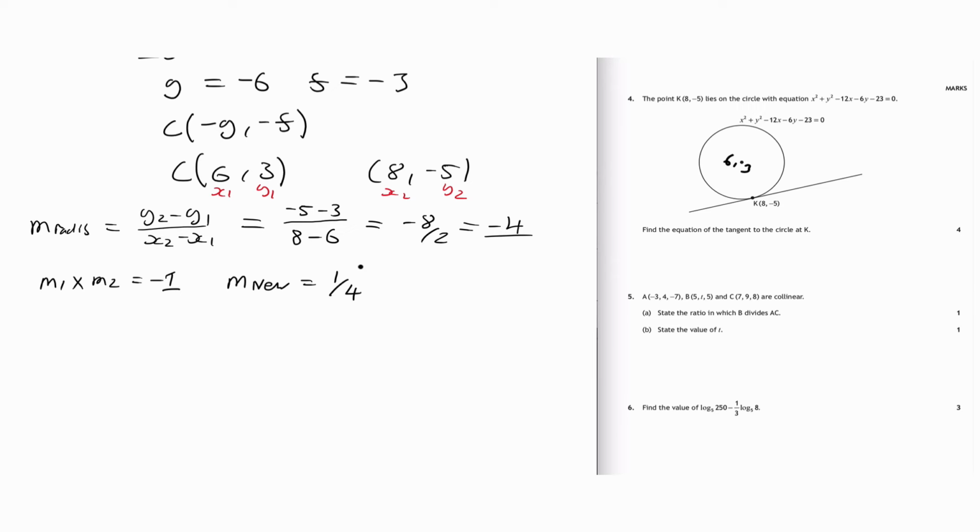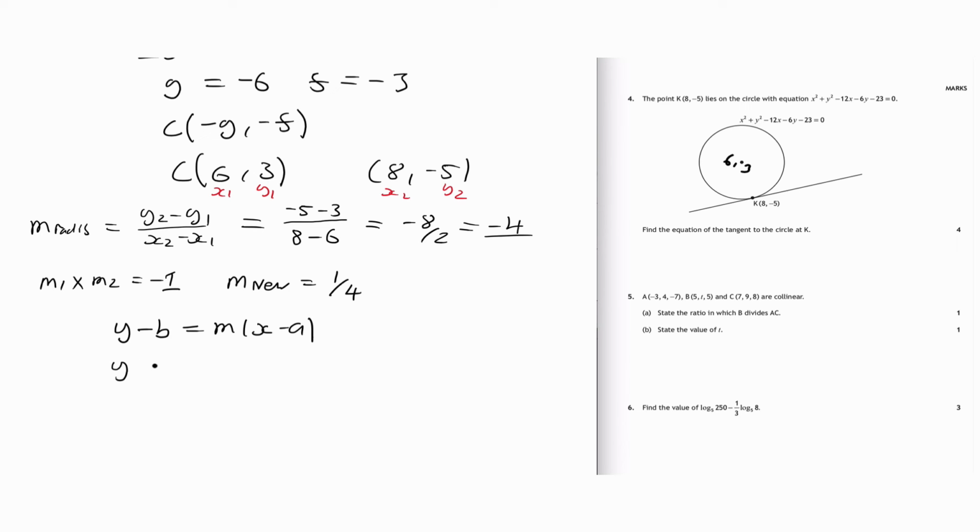Okay, so now that we have all this information, we can finally start to put together the equation of the tangent. So we do y minus b equals m times x minus a. And we're going to make sure we use this point here, because that is the point that lies on this line.